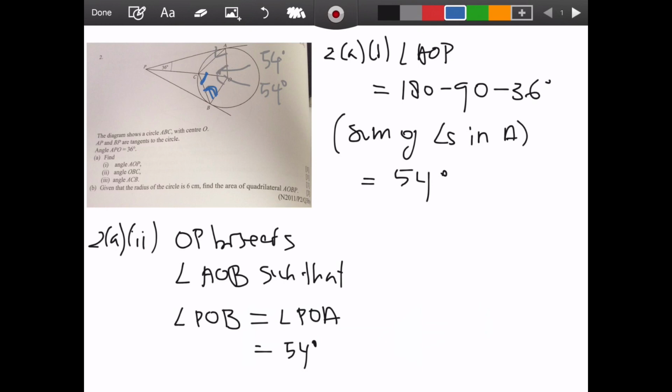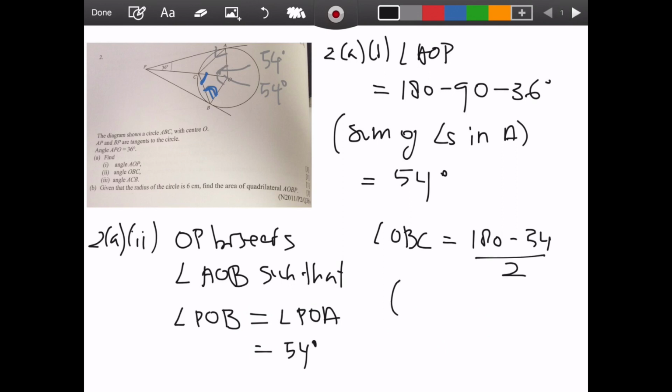So let's find out the angle OBC. The angle OBC is equal to 180 minus 54, divided by 2.